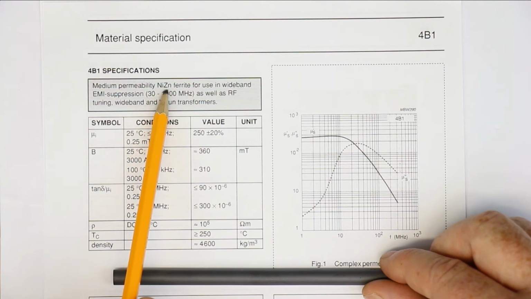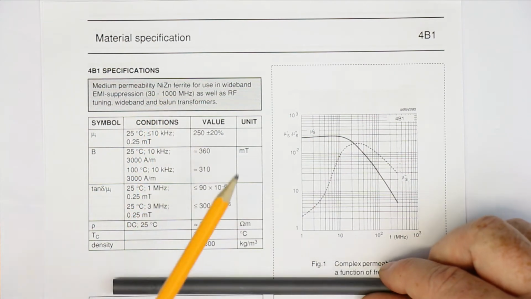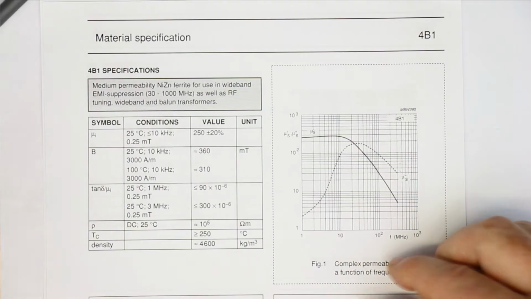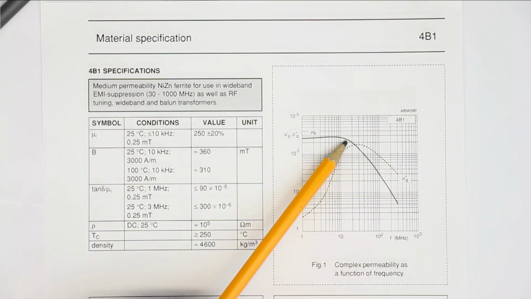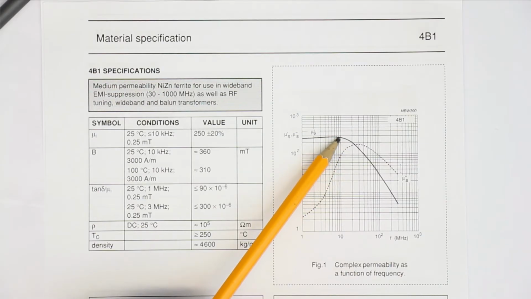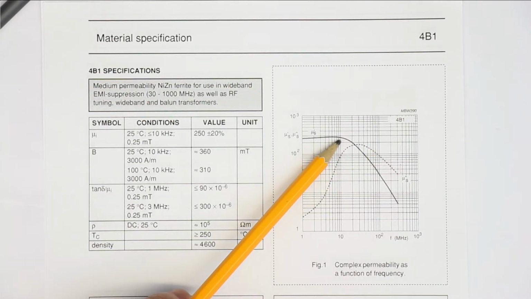It's a nickel zinc ferrite. And what we see now in the graph is that the real part of the permeability starts to drop at around 10 megahertz. That's nearly a factor of 5 better than the other material we saw beforehand.